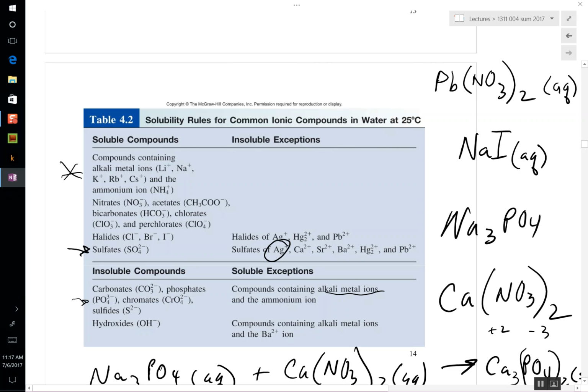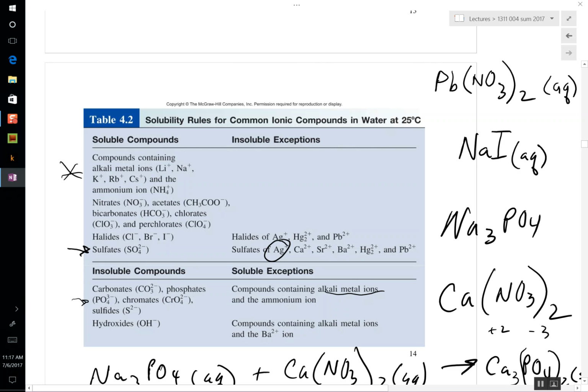All right, so this is our molecular equation. At the molecular level, that describes this reaction.